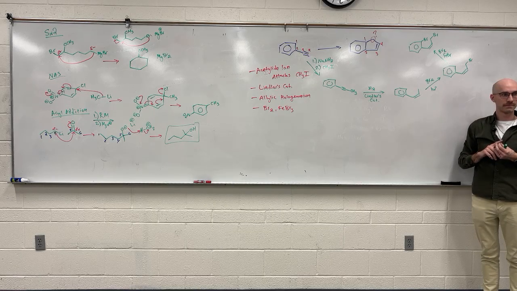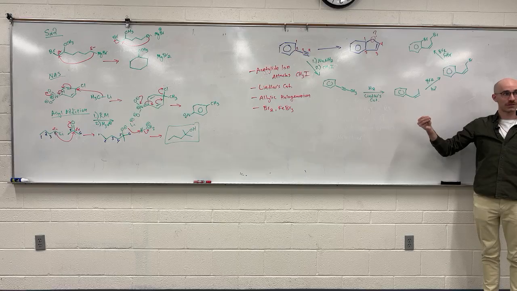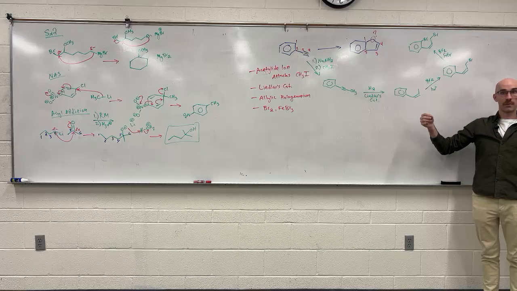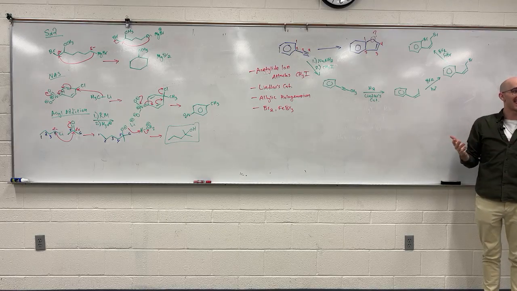Now what? Much like last time, in that first reaction, I've got two groups that could become the nucleophile or stay the electrophile, and it wouldn't matter. As soon as I add the metal, one of them becomes the nucleophile and immediately attacks the other. So I won't even see the intermediate.